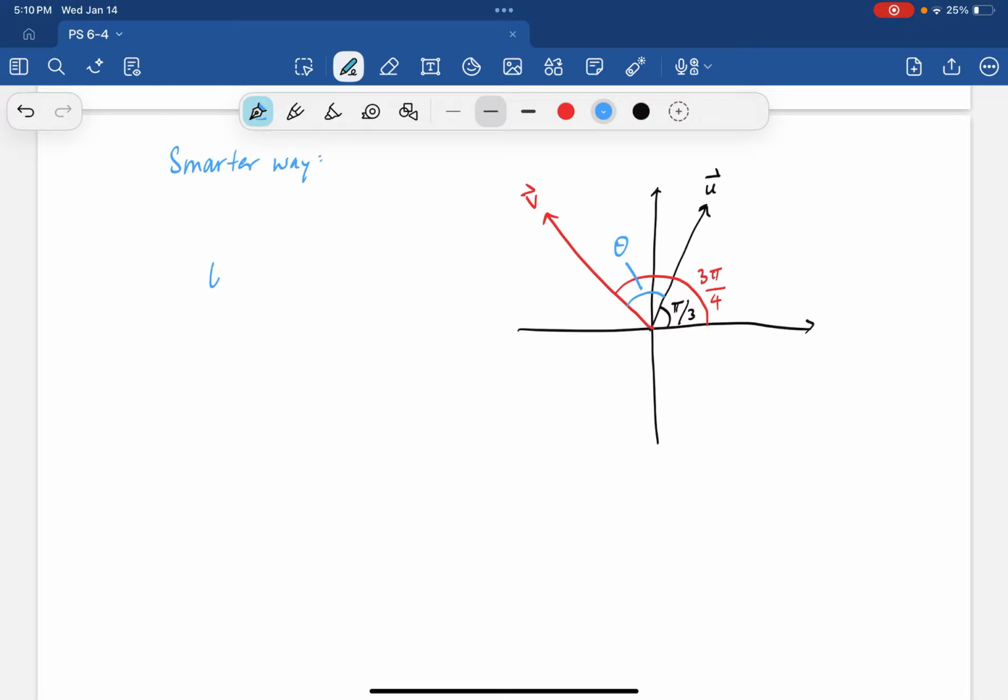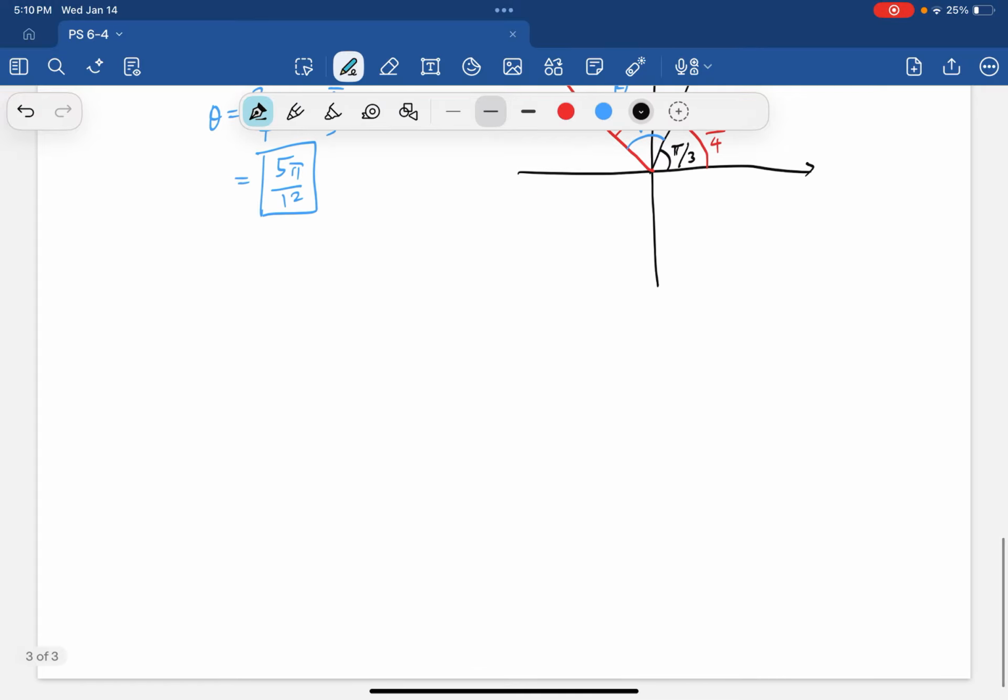This simply tells us that theta is going to equal 3 pi over 4 minus pi over 3, which is 5 pi over 12. Okay, so that's the smart way of doing it. And we'd like to be smart, so let's do it that way.